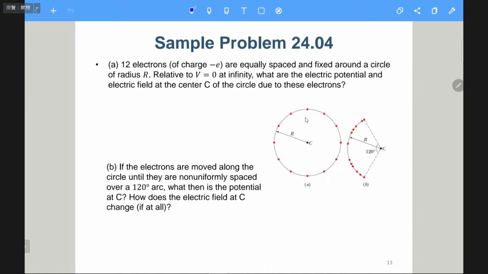For this case, V equals 1 over 4 pi epsilon naught times negative e, negative e, negative e, and so on, all over R. When you add them together, it is nothing but negative 12e over R. So it is straightforward.